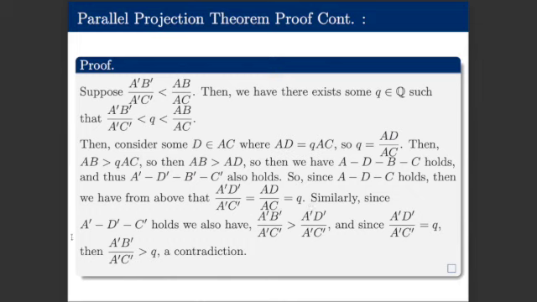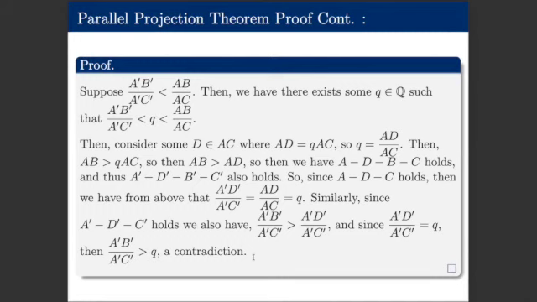Similarly, since A', D', C' holds, in the bigger picture we have A', D', B' right in between here. So we know that A'B' over A'C' is greater than A'D' over A'C'. And then since this is equal to Q, A'B' over A'C' is greater than Q, which is a contradiction to what we had assumed here.